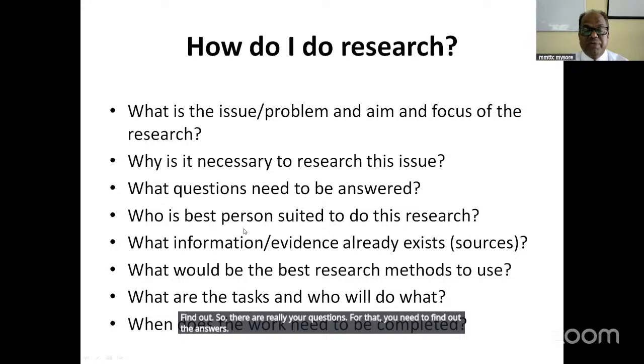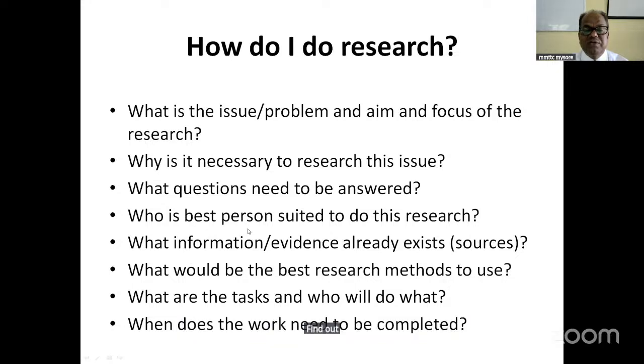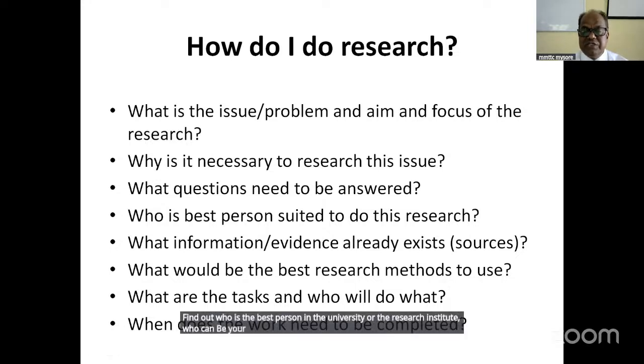And who will be the best person? To investigate or to solve the problem, you need a research guide, a research supervisor. Find out who is the best person in the university or the research institute who can be your guide. That is very, very important. We call them research supervisor or research guide.